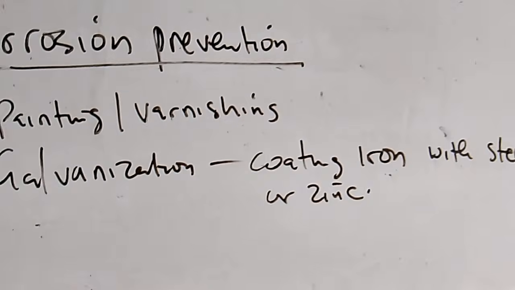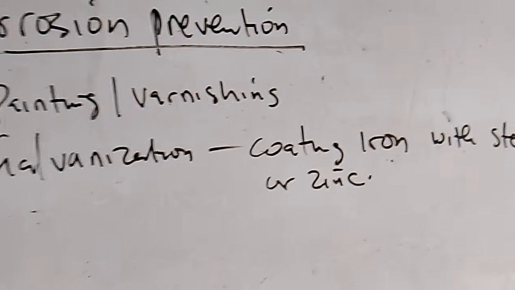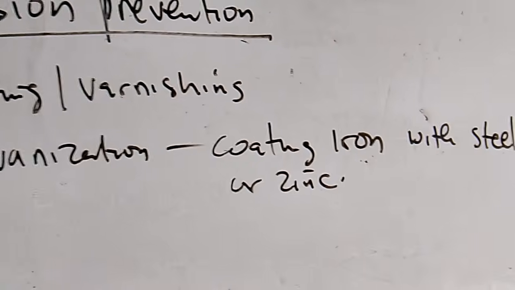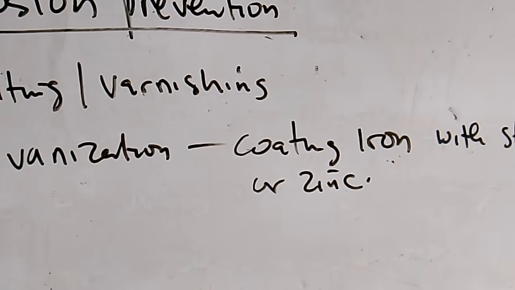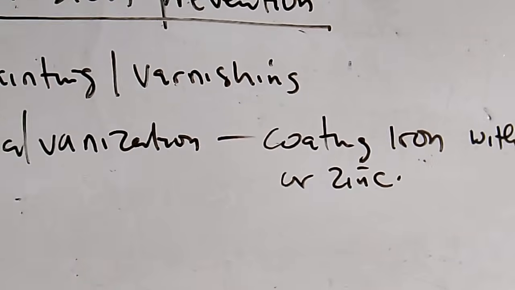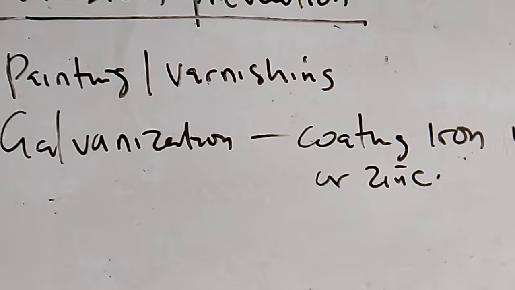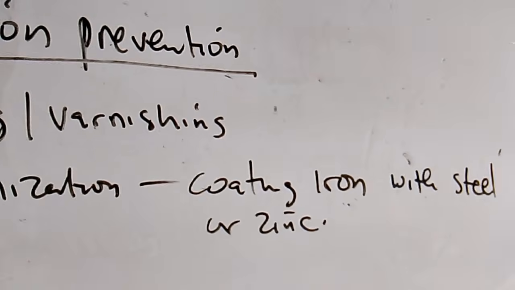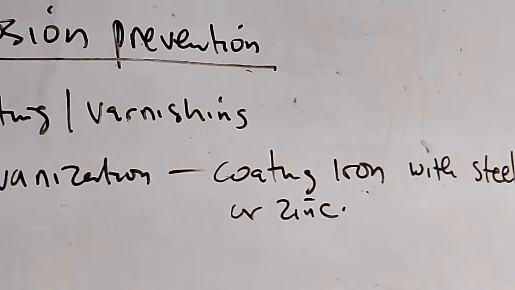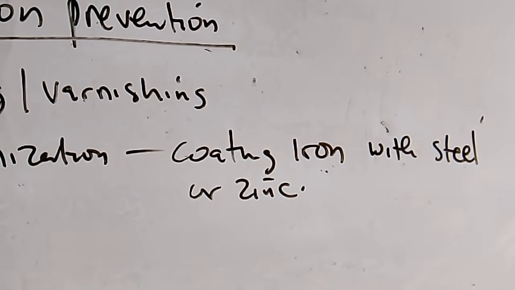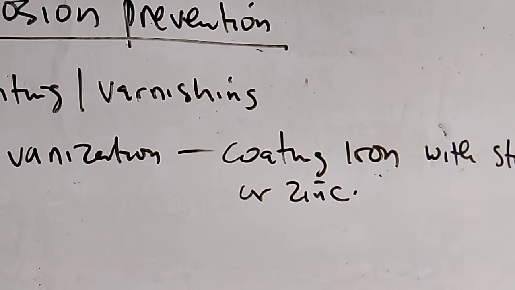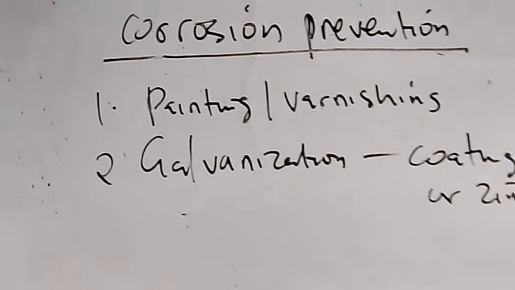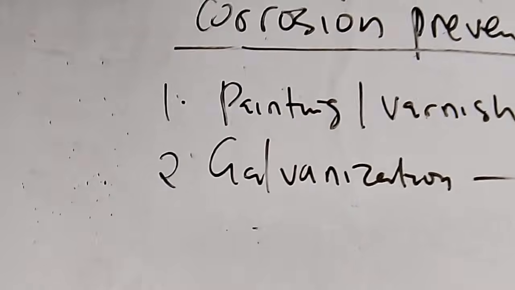So it's one way. Galvanized iron, I'm sure it means it has been coated. Since iron will easily corrode, galvanization will form more like a shield outside. Okay, so it protects the iron inside.